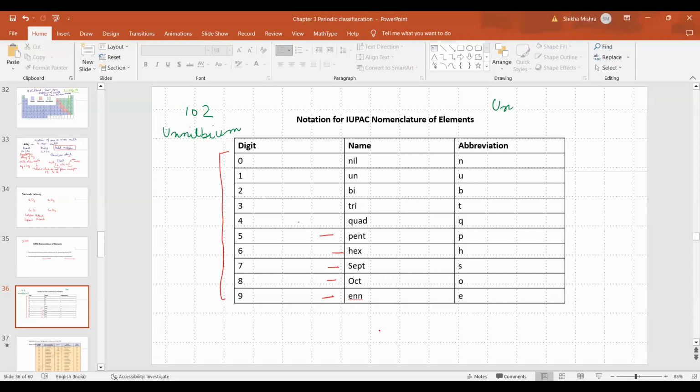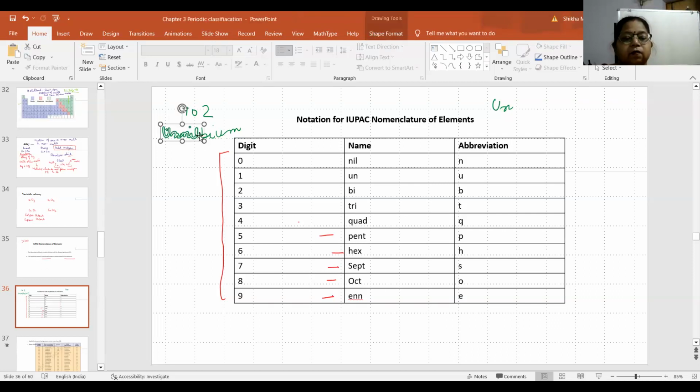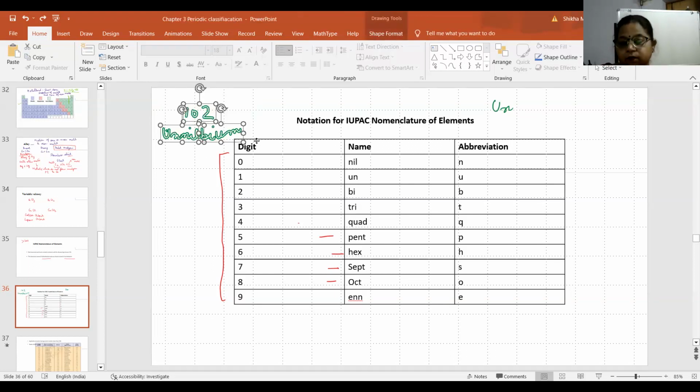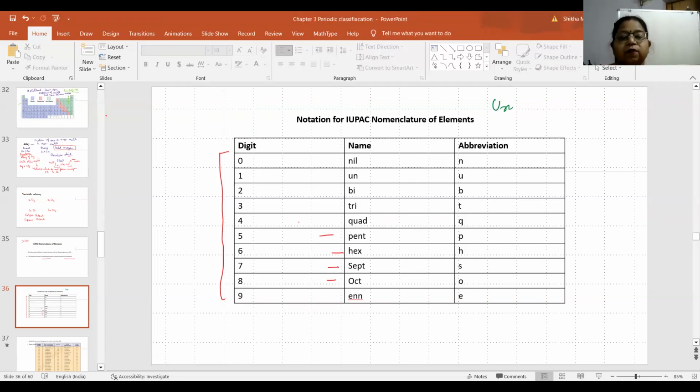Yes, ma'am. Okay. So suppose I have to write the name of the element having atomic number, let's erase this example, although you can write that also. The rule says we will write the symbol or name plus ium.